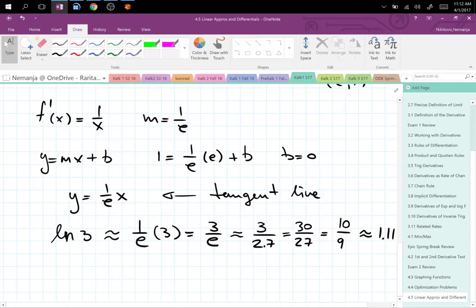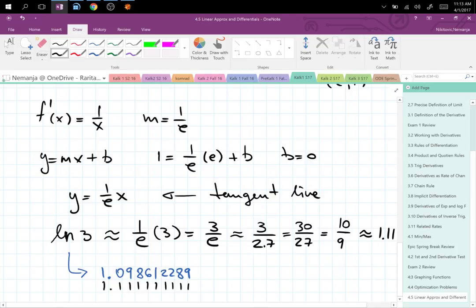Now let's calculate ln 3 in the calculator. The calculator gives me for ln 3 1.098612289, and we got 1.111111111.